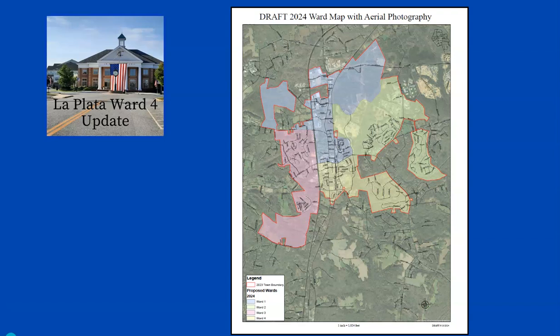This next slide is aerial photography, which the town now has pretty updated, and it shows the new 2024 ward maps, which were reviewed by our town election board earlier this year as required by the town ordinance.